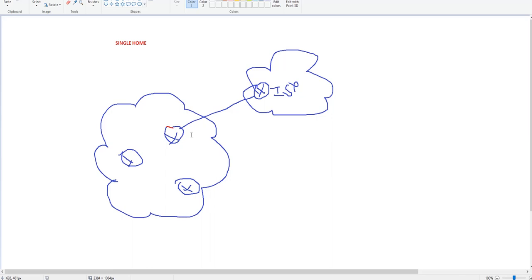Correct. So for this type of topology, we may not use BGP, because here you can even use static routing to route the packets to the ISP and also get them back from the ISP.